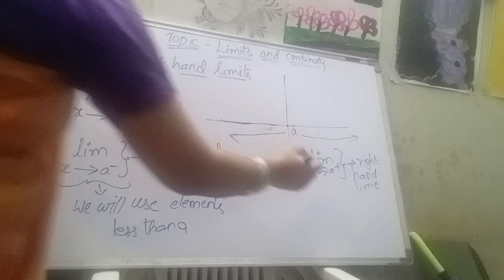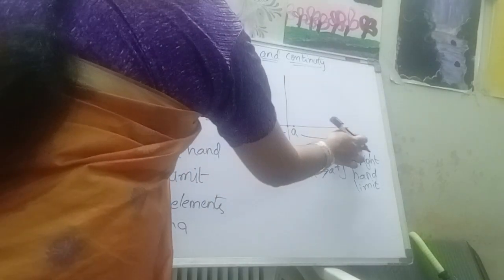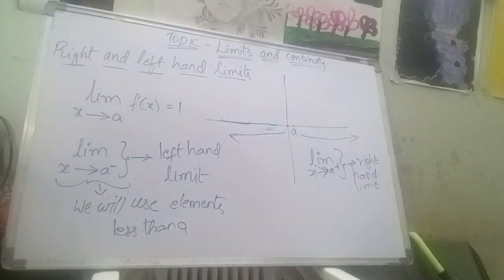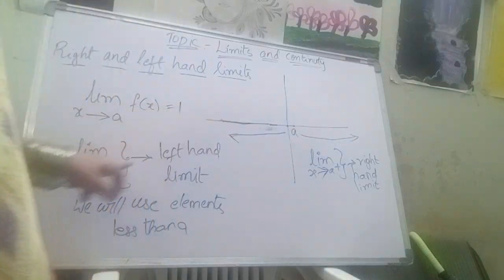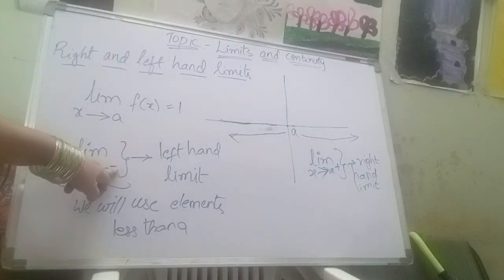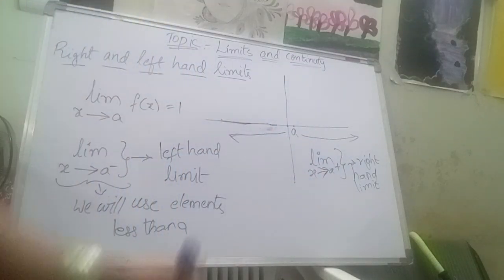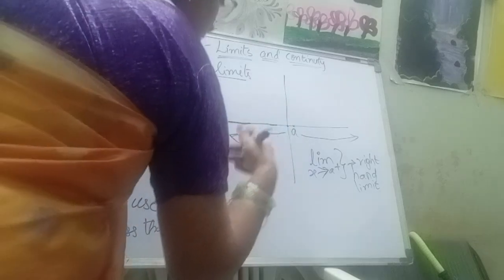As you are moving towards the right side, the value increases, so you take a plus. Whenever you see a minus, that is the left hand limit. Whenever you see a plus, that is the right hand limit. How can we denote them?